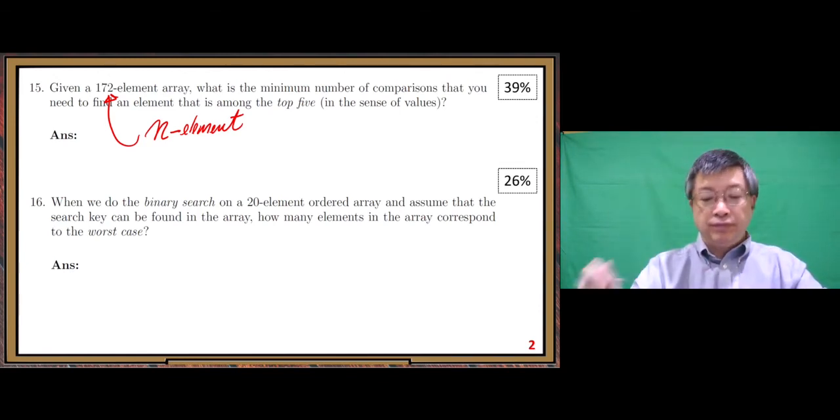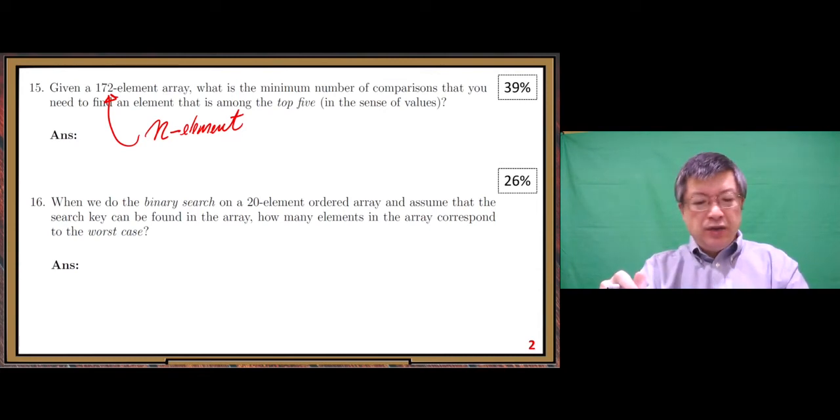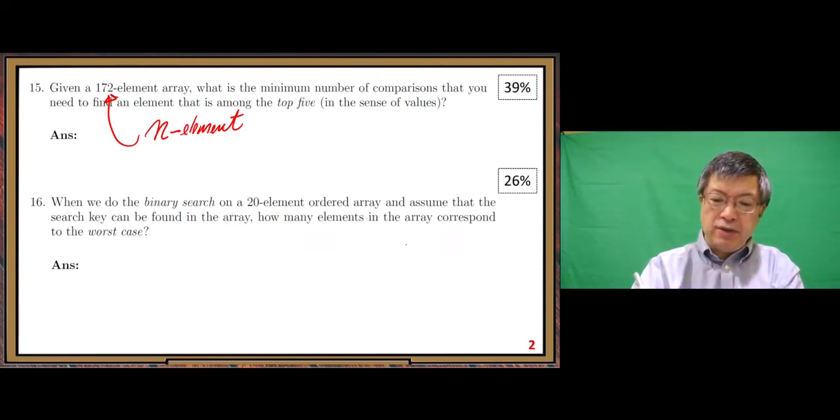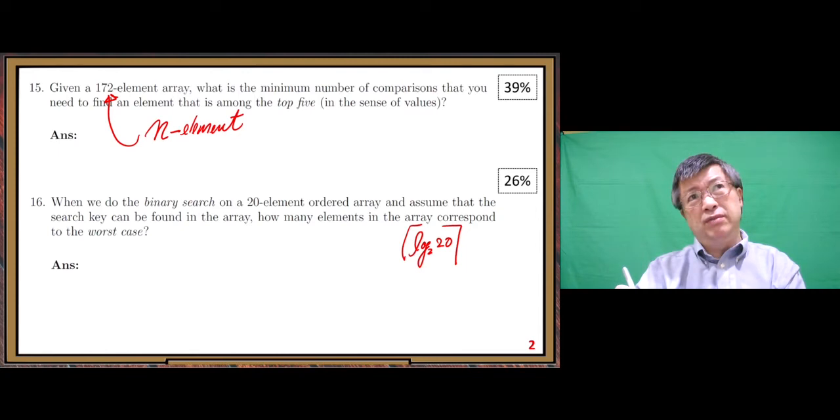Second, they tried to use some formula to calculate it, like log base 2 of 20, with a ceiling function, things like that. Although you get the correct answer, your formula is not correct.